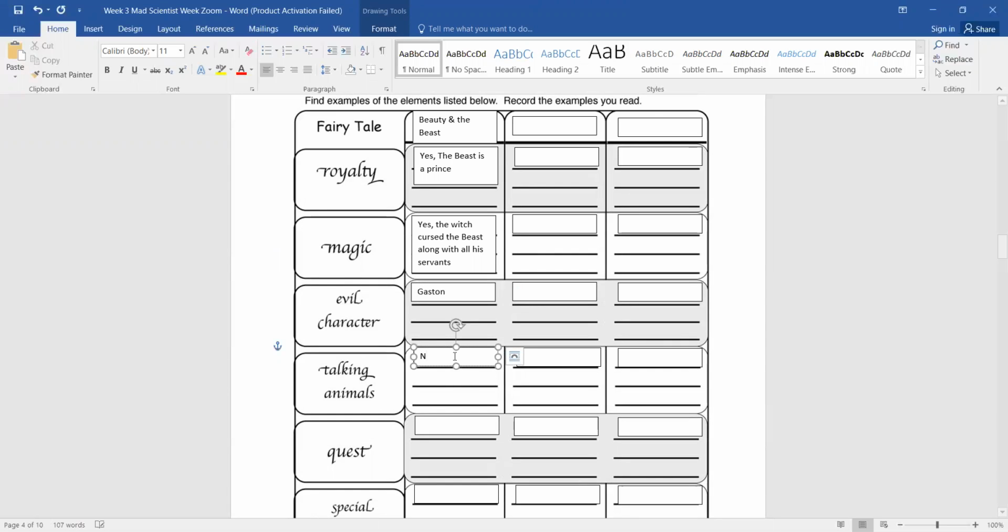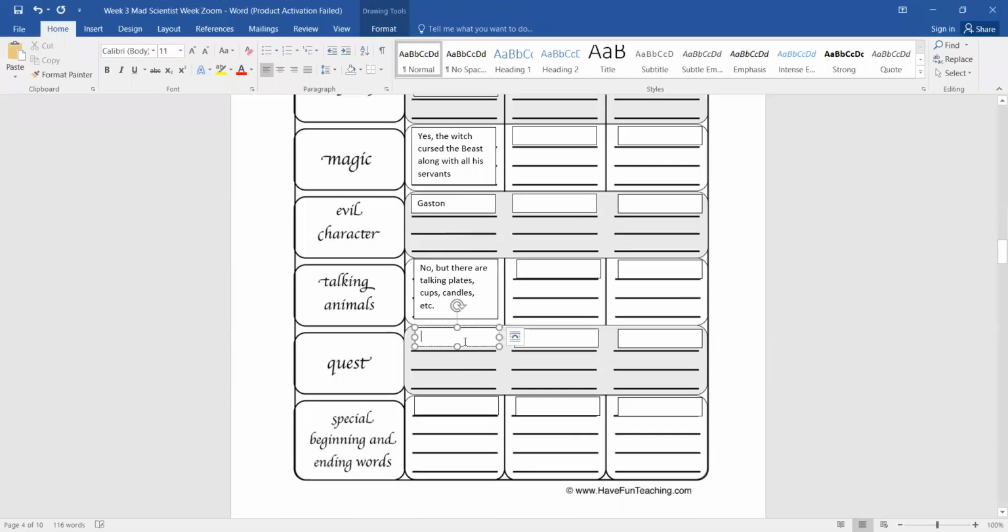Talking animals, no, but there are talking plates, cups, candles, etc. Because all the servants become those things. The quest, kind of, to make someone fall in love with the beast.